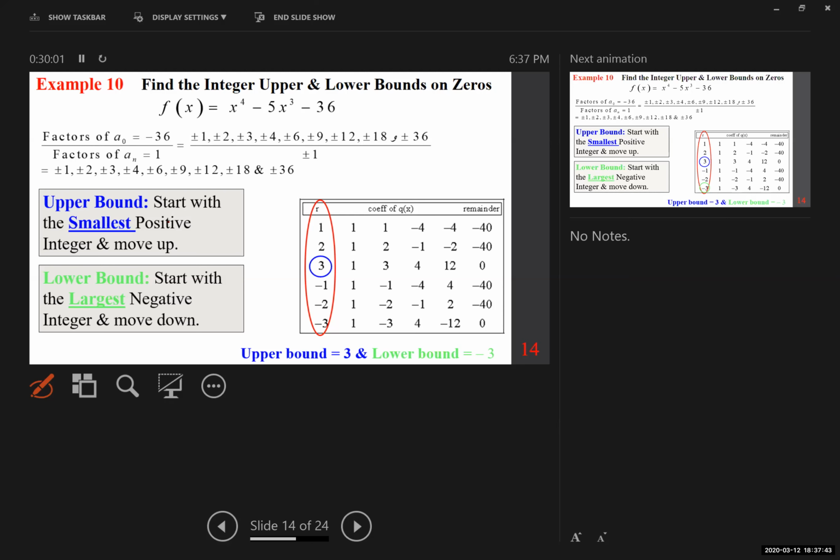When we look at 1, okay, when we are dividing by 1, this is the answer, okay? Synthetic division. When we are dividing by 2 is the next one, and here's for number 3. Okay, this is the row that all of them are positive.